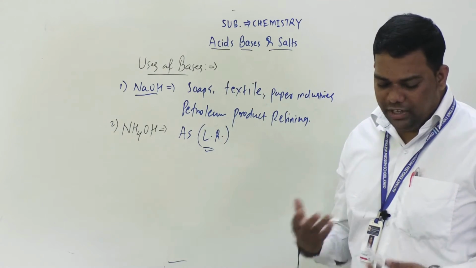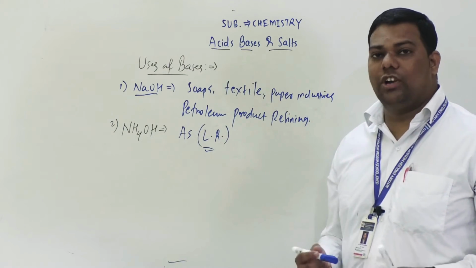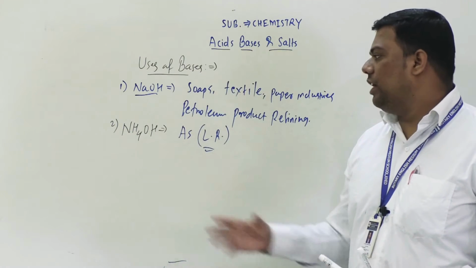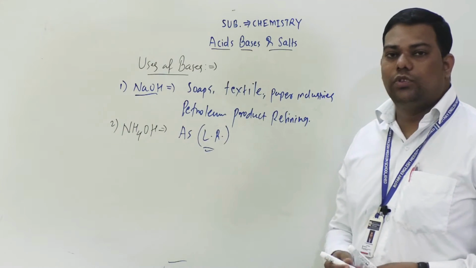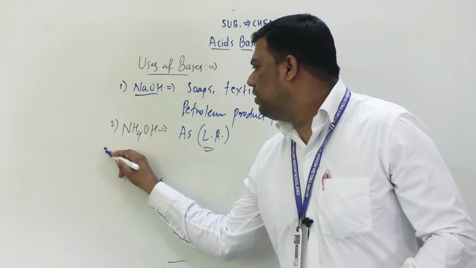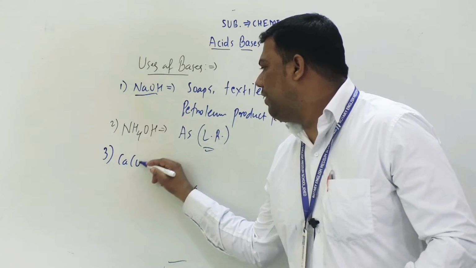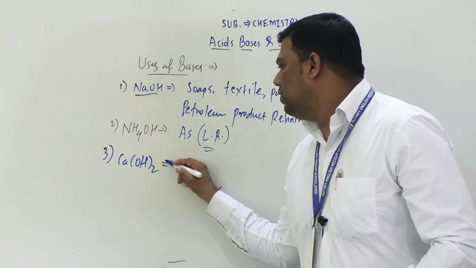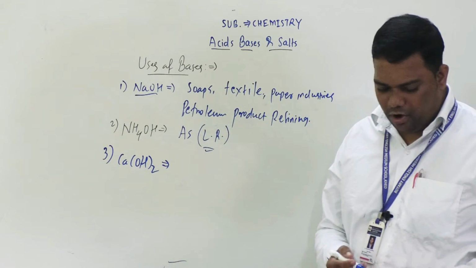So many uses, and in dyes also, whatever colored dyes, NH4OH is used. So we will discuss the third also. Third, if you are considering calcium hydroxide, this one also is very important.